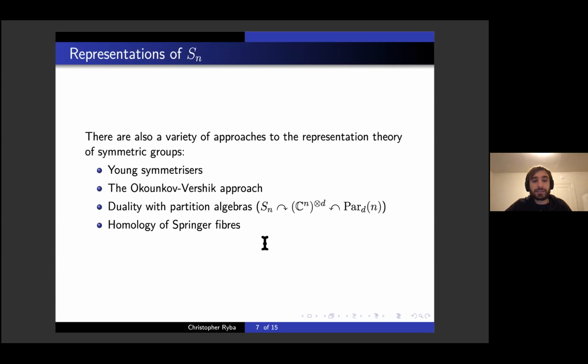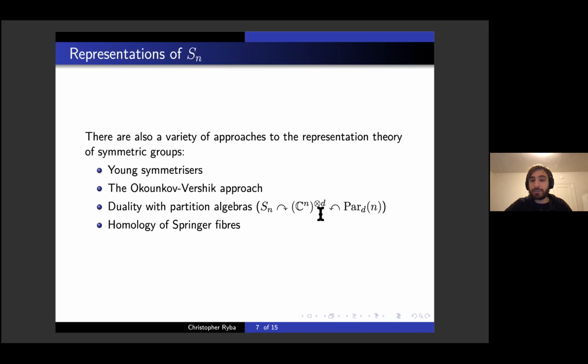Another one is the so-called duality with partition algebras, which is related to things like the Lie categories. So similarly to what we saw with Schur duality, one considers the permutation representation of the symmetric group. So one takes C^n, where the symmetric group acts by permutation matrices, essentially permuting the coordinates, and takes a deep tensor power of that.